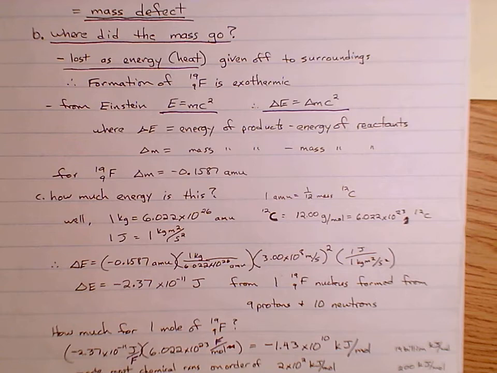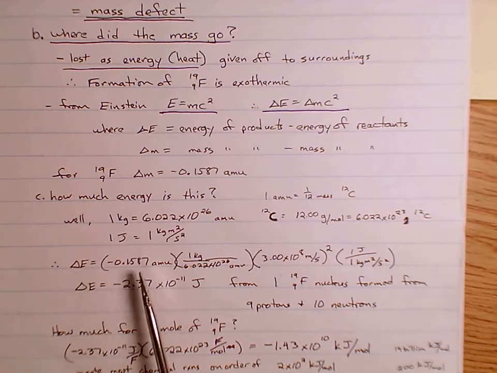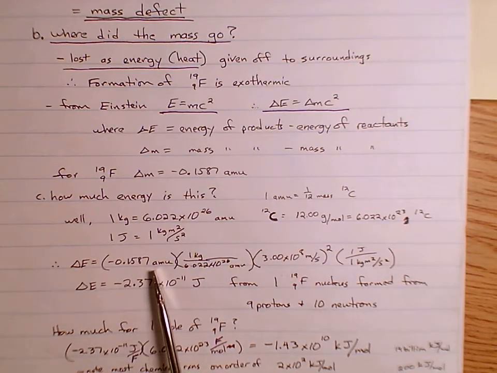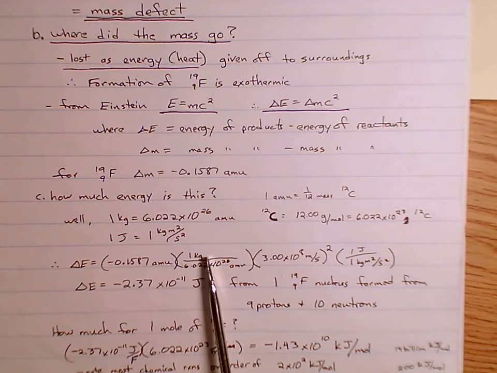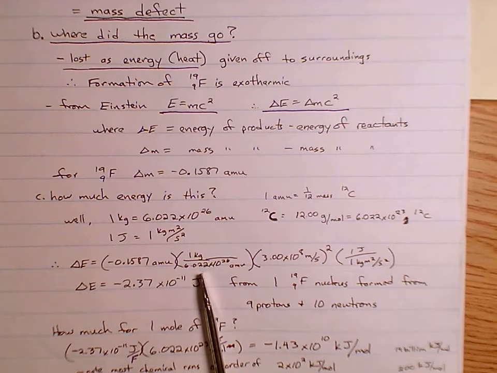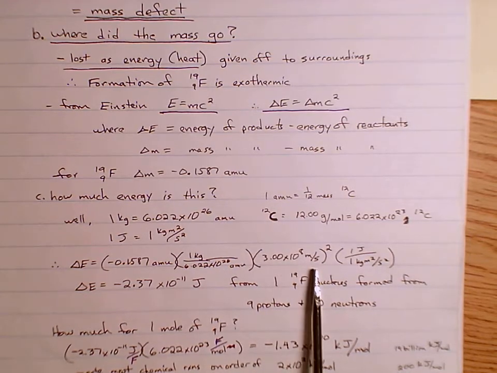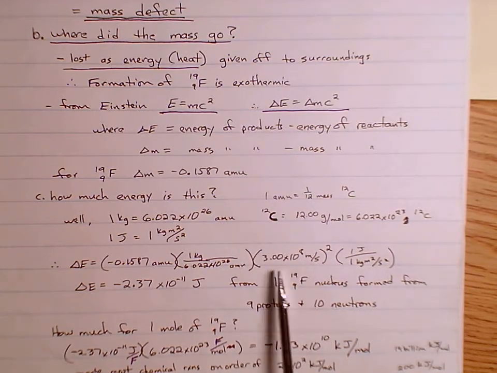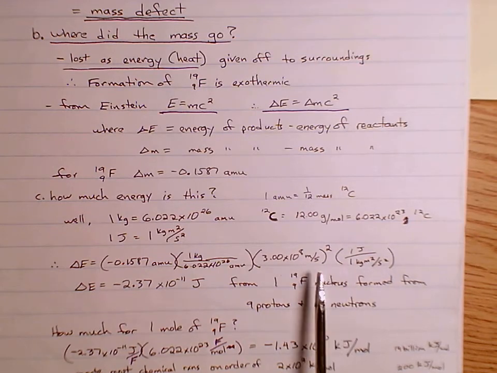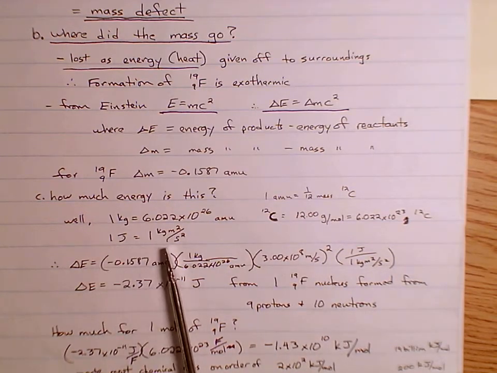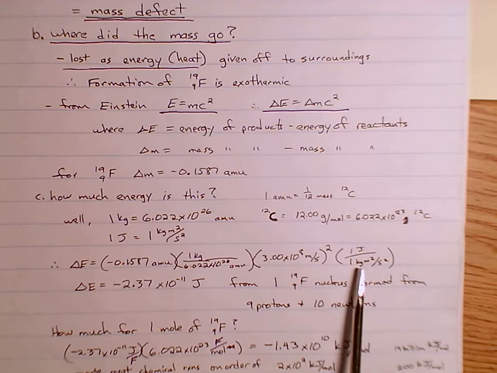So plugging in our numbers, delta E equals our mass defect in AMU. We change it to kilograms via Avogadro's number times 1,000. Then 3 times 10 to the 8th meters per second, the speed of light, squared. And then we know that 1 joule is 1 kilogram meter squared per second squared for our units.